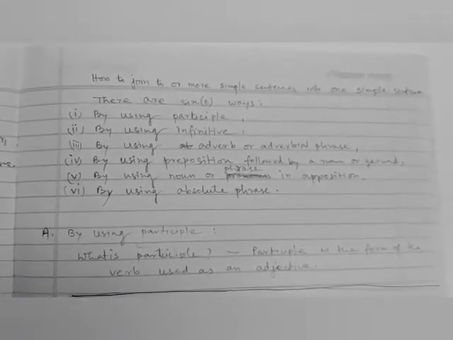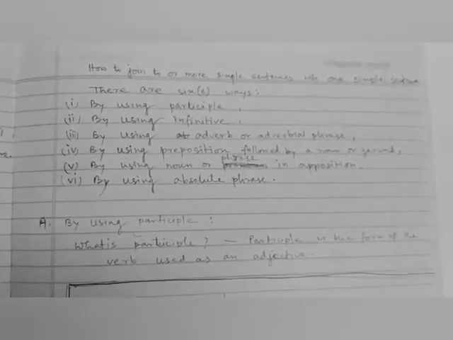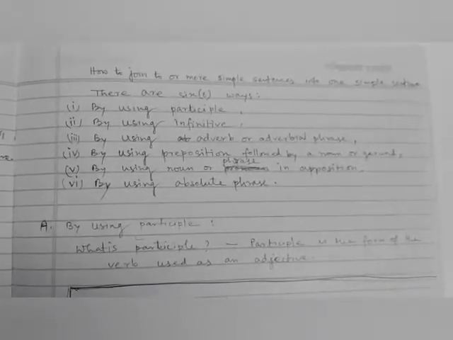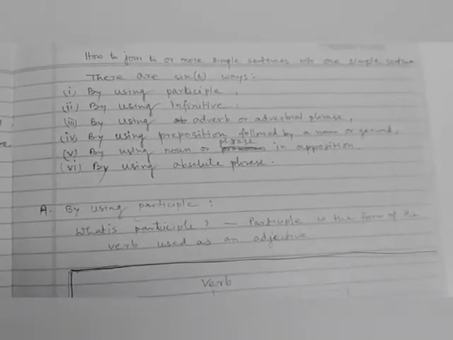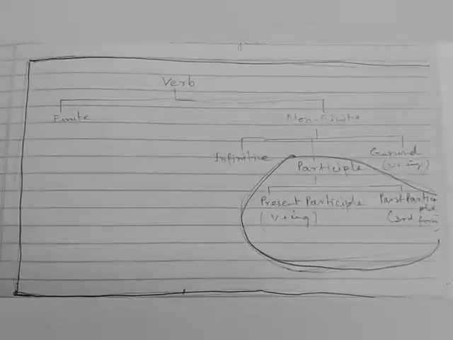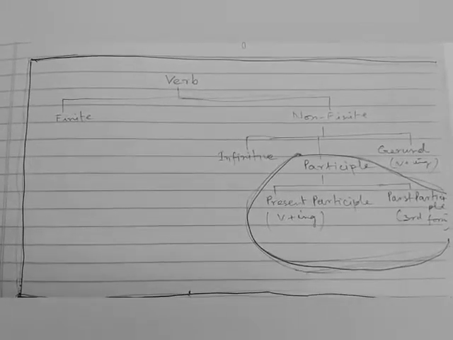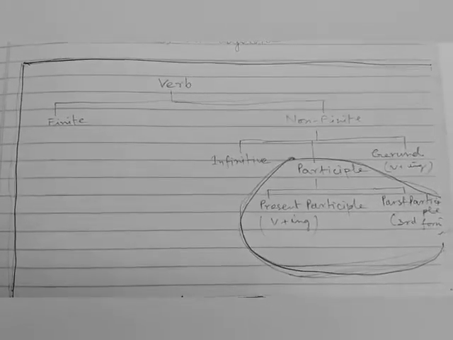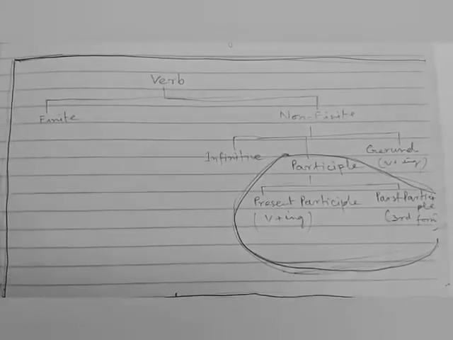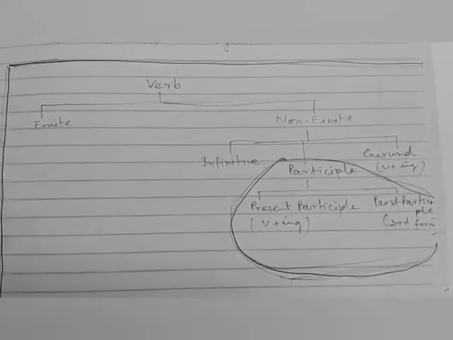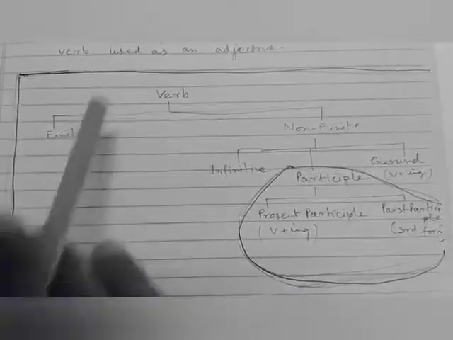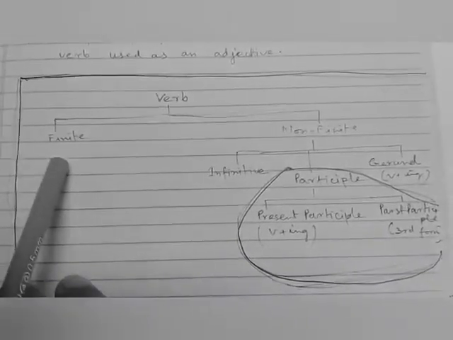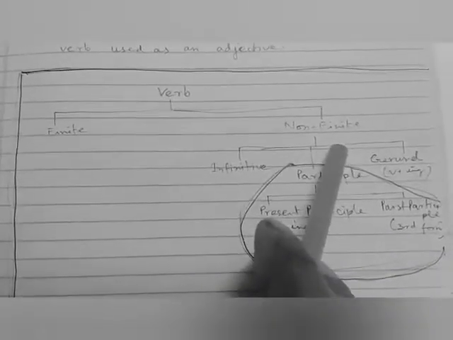And absolute phrase, this is a phrase that has no grammatical relation in the sentence but has a great impact on the meaning of the sentence. Here are the verb forms, very simply shown to you. Follow. This is verb, finite verb, non-finite verb.